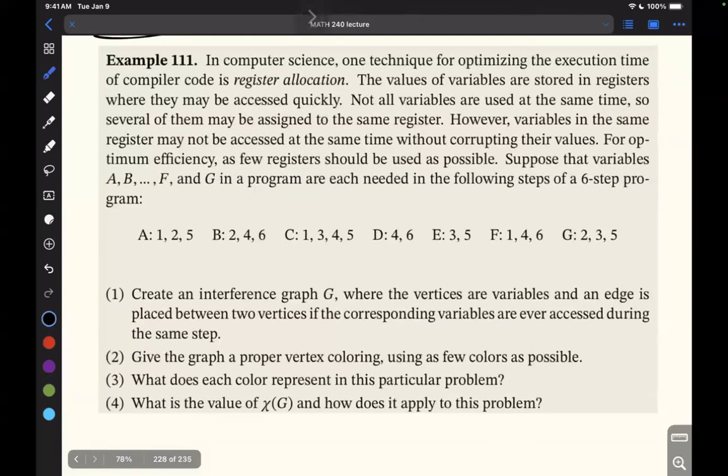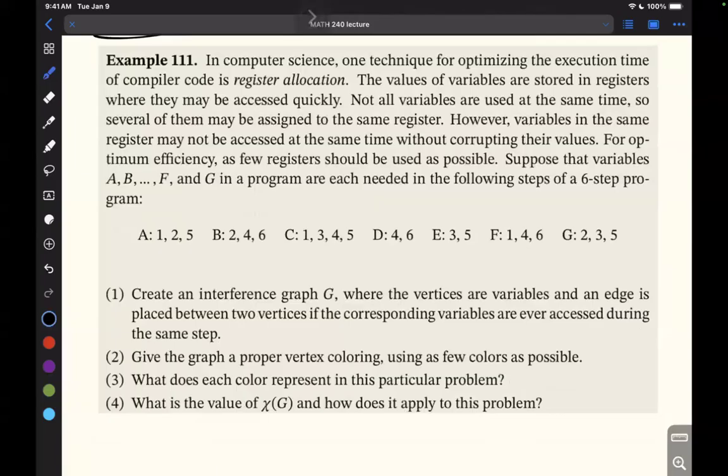All right, so I've got a question for you that, to those of you in computer systems, might look a little bit familiar. In computer science, we have this way of optimizing called register allocation, where we've got variables and we need to store them in a way that we can access them quickly.